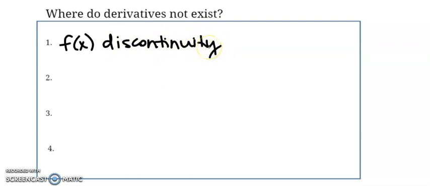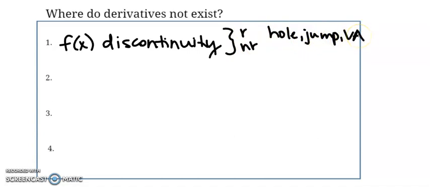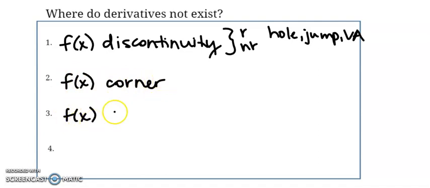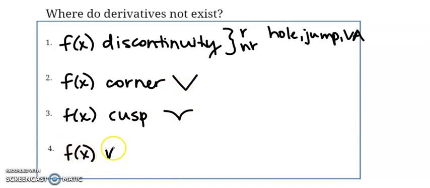And remember from our previous unit, we can think about discontinuities as removable or non-removable. We also could say hole, jump, or vertical asymptote. Derivatives also do not exist if f of x has a corner, if f of x has what we call a cusp, which is what we have when it kind of looks like a little bird graph, as opposed to two lines causing a corner, or if f of x has a vertical tangent.